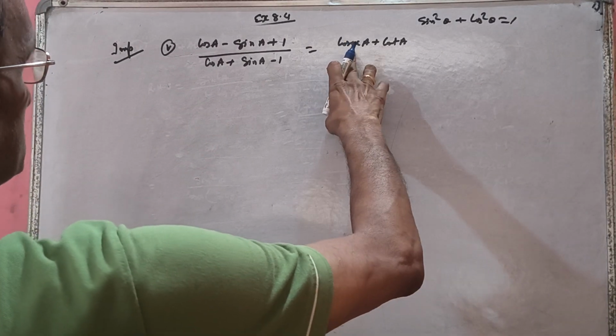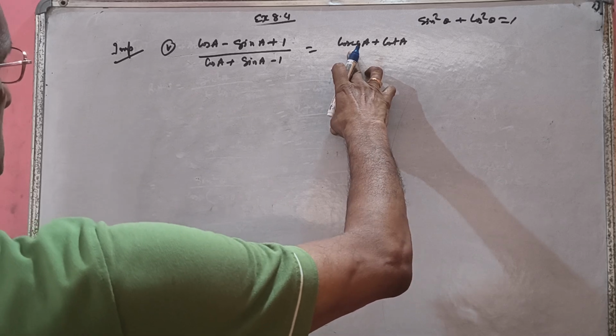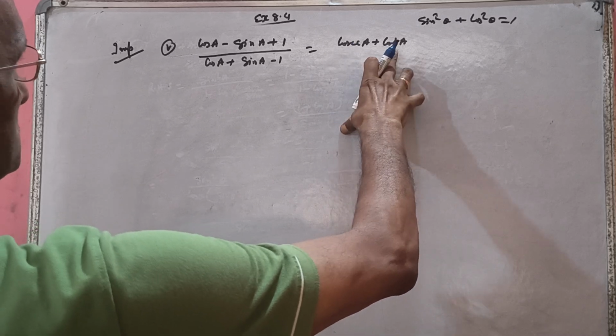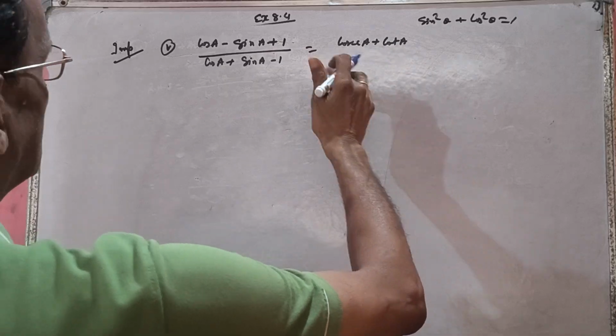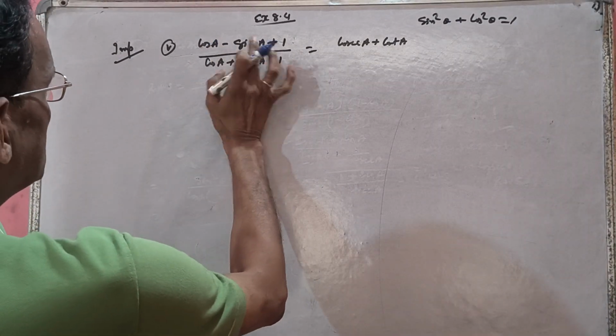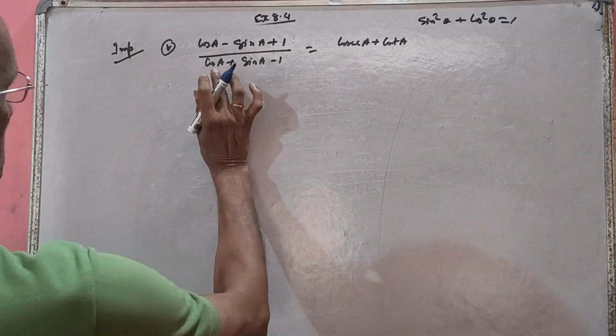See, we need to get cosec A. How will we get cosec A? Cosec is 1 by sin A. How will we get cot? Cot is cos by sin. So divide the numerator by sin A and the denominator also.